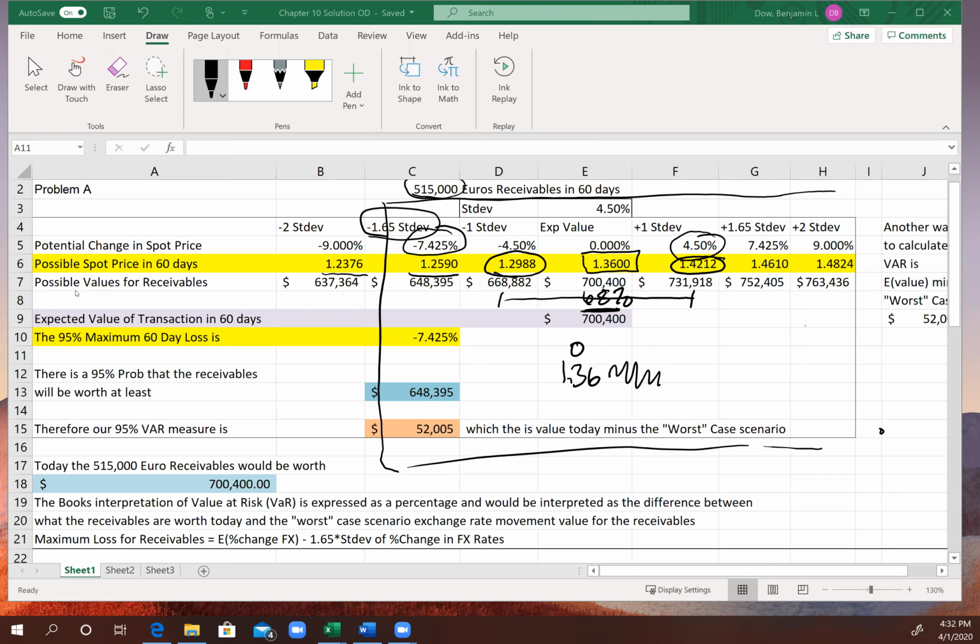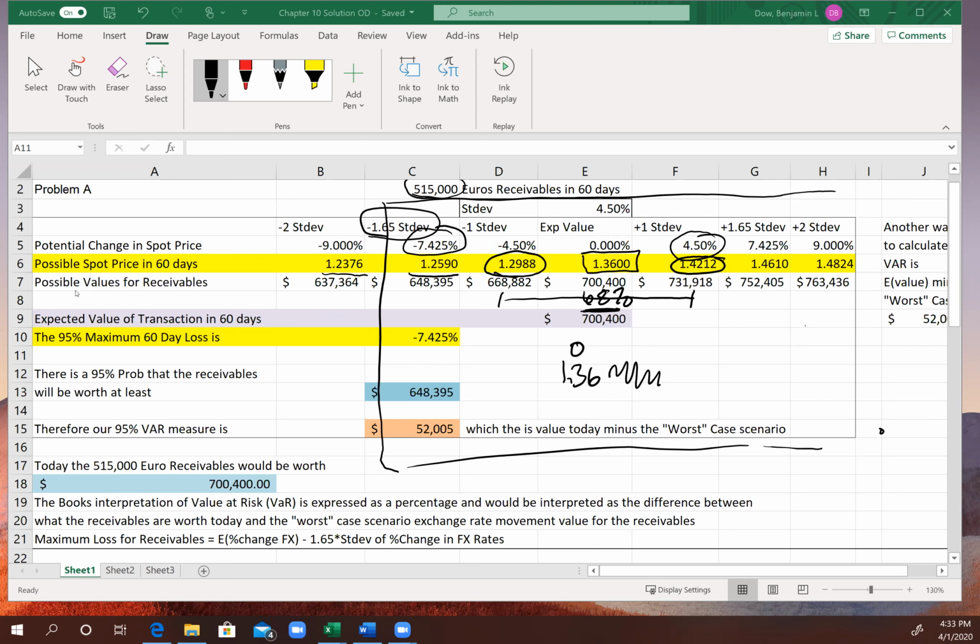1.65 times 0.045. Zero point 7.4%. 7.425%. Yeah.